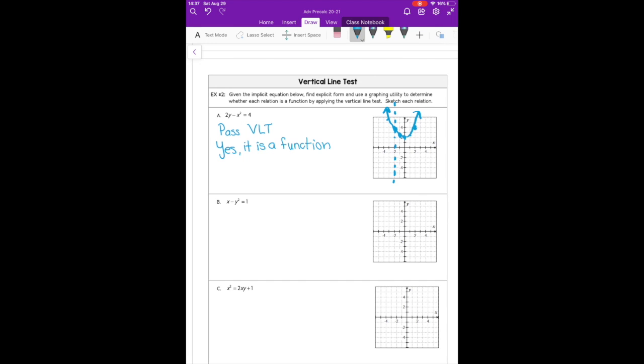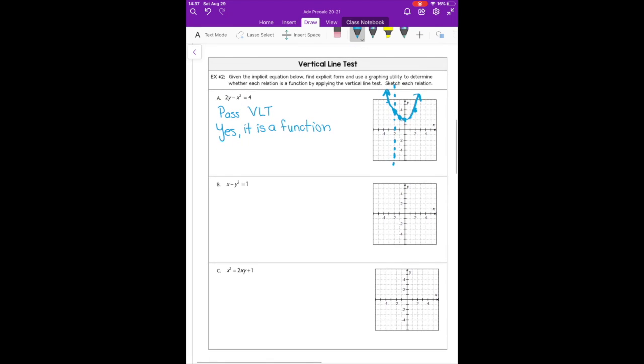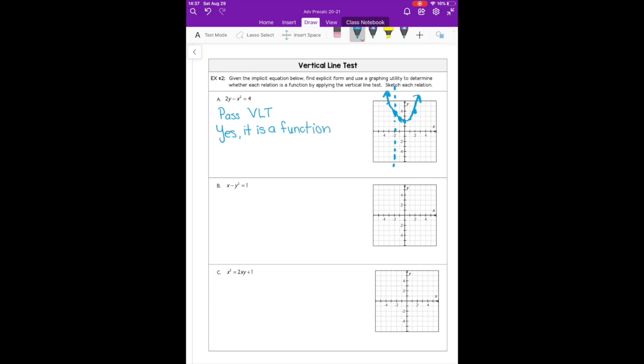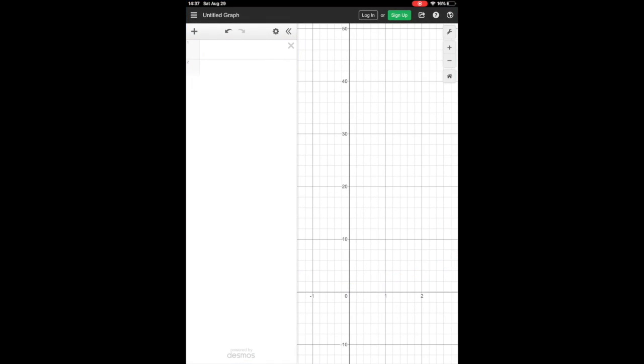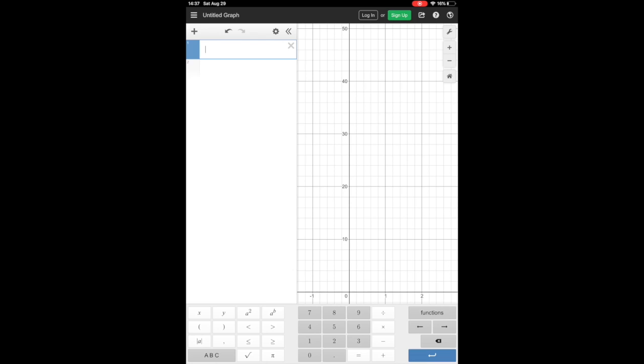If you don't need to see the other examples, feel free to pause the video here, but I will show you the next two examples as well. So the next one is x minus y squared equals 1.